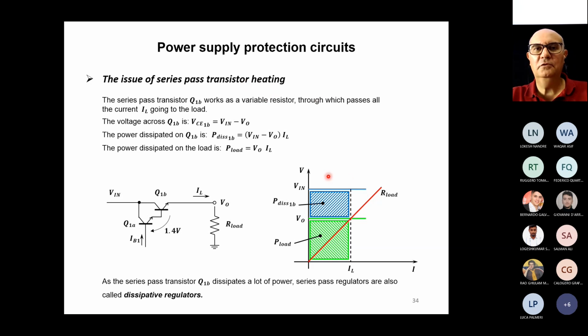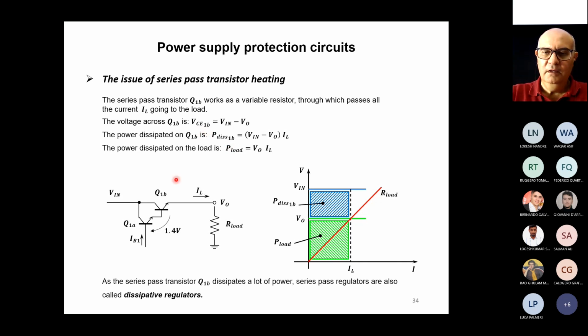And just if we want to visualize it in a better way, we can say what? We have this situation where Vin is the input voltage. Then we have the VCE of this transistor, I1B.